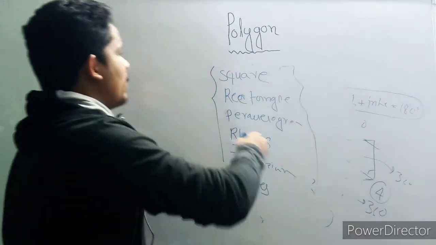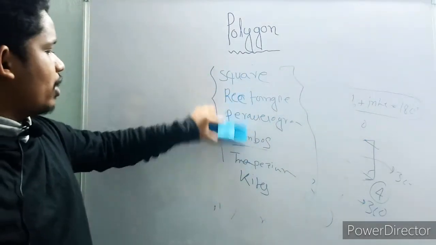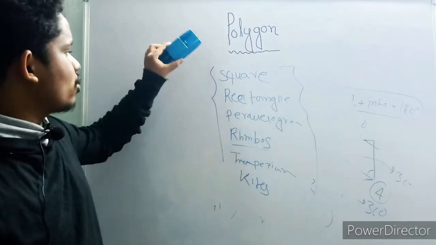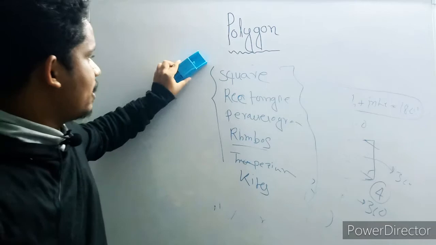We'll see what the properties of the square, rectangle, parallelogram, rhombus, trapezium and kites are, and we'll talk about the relations between square, rectangle, parallelogram, rhombus and trapezium.